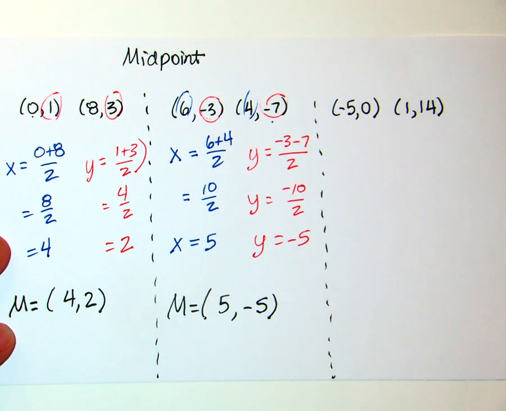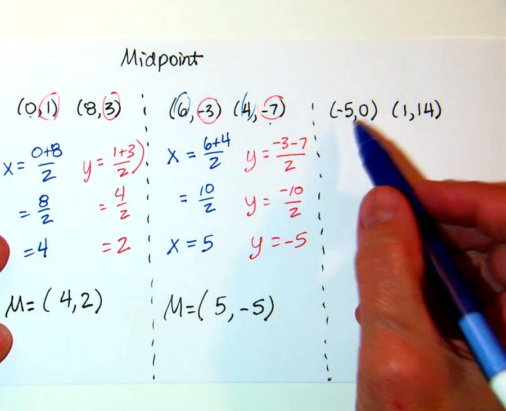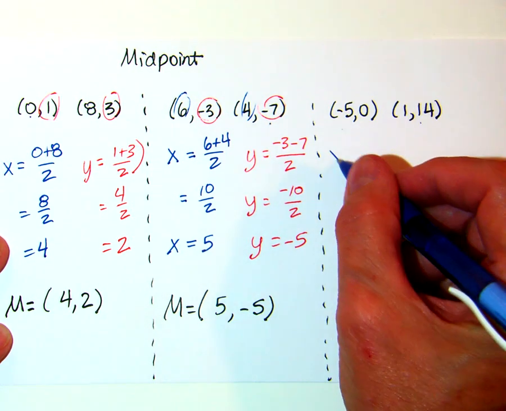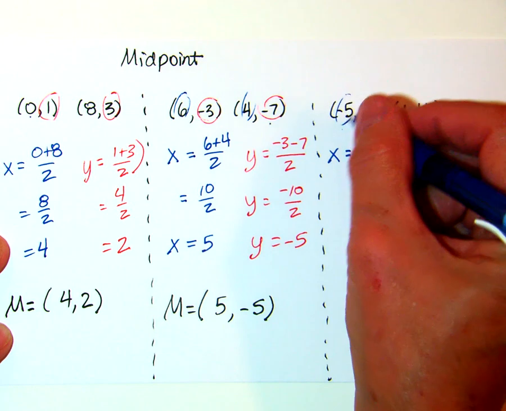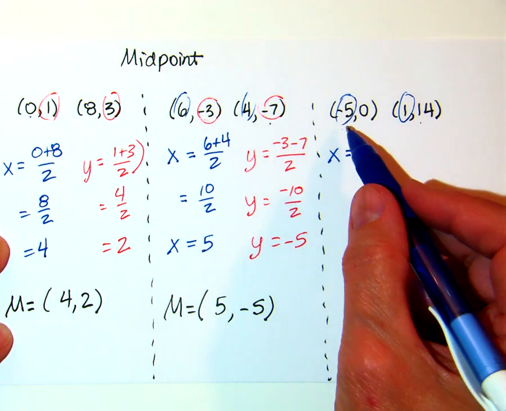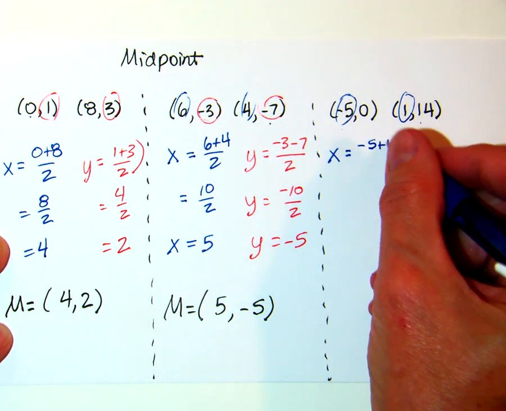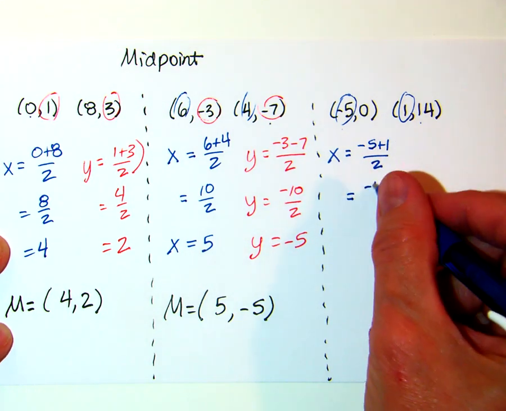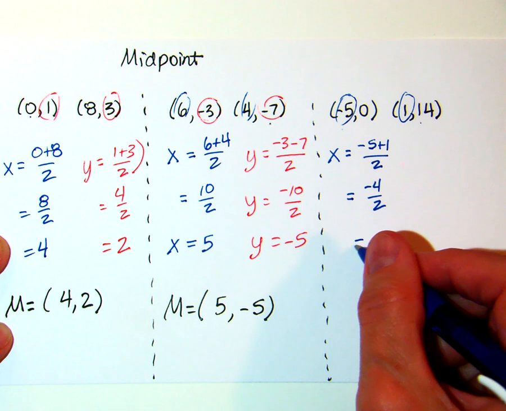Okay, one more. Find the midpoint of these 2 points. The x value of the midpoint is the average of the x values of the points. So that'll be negative 5 plus 1 divided by 2. Add them up and divide by 2, which is negative 4 over 2, which is negative 2.